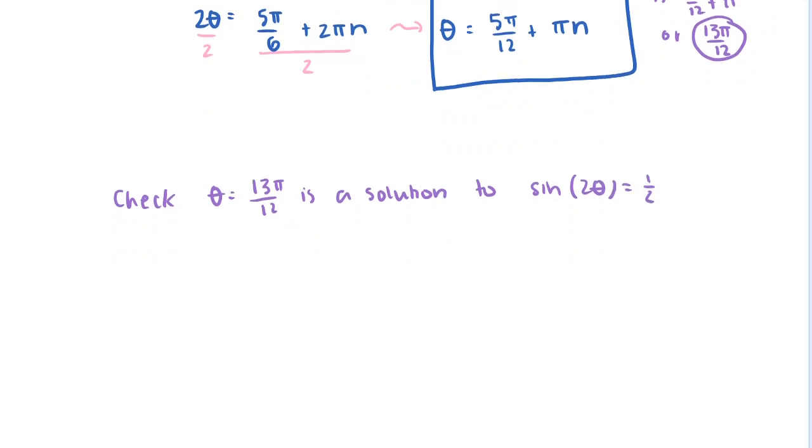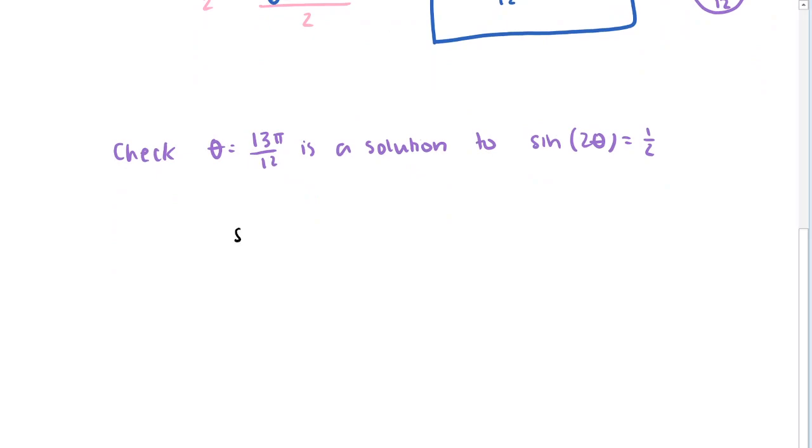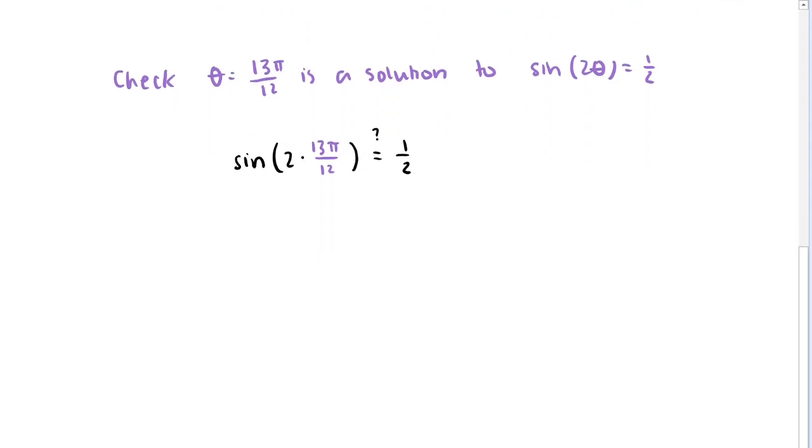So here if we plug in 13 pi over 12 into sine of 2 times theta, it's sine of 2 times 13 pi over 12. We don't know this yet, but we want to see if this is equal to 1/2.